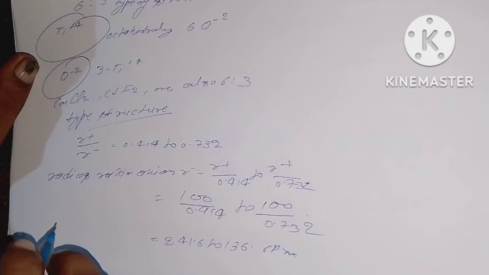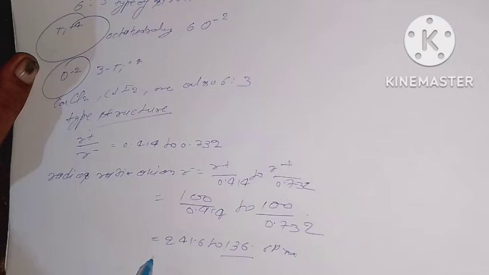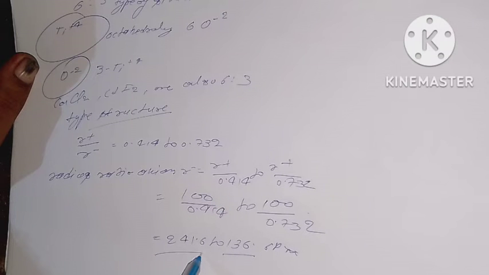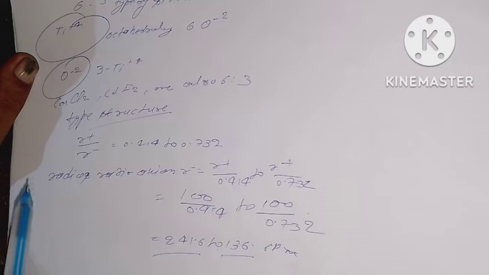Hence the radius of anion B negative ion will be between 136.6 and 241.6 pm.